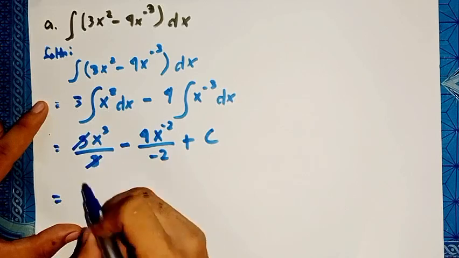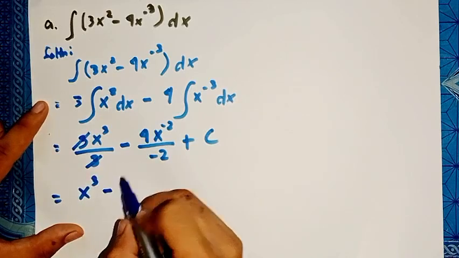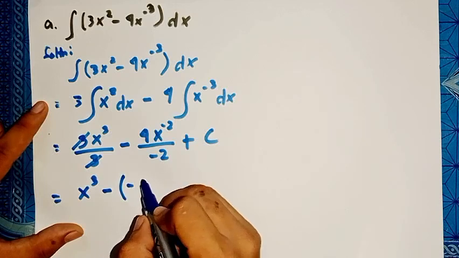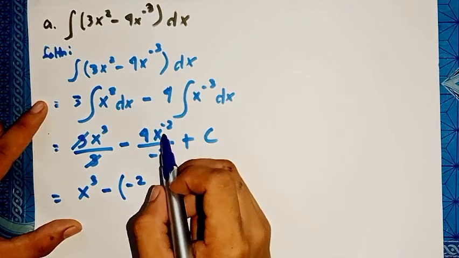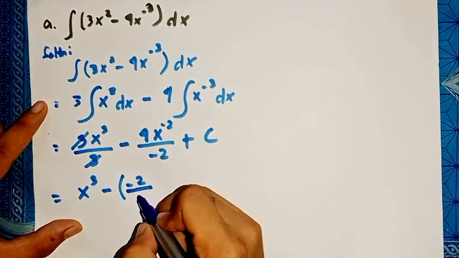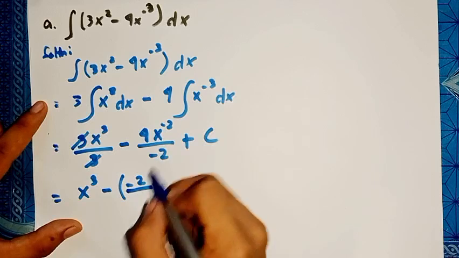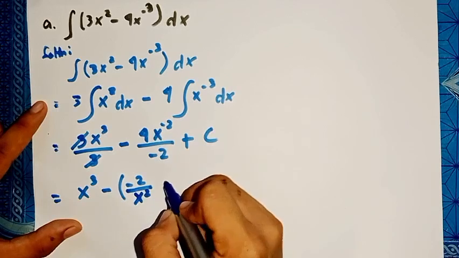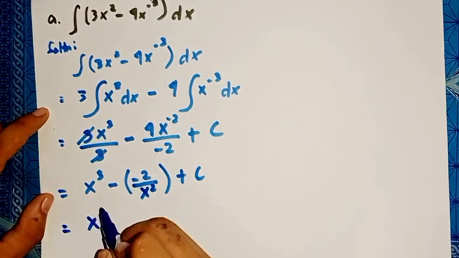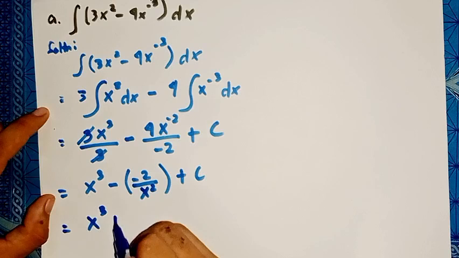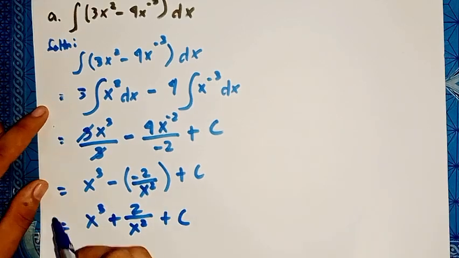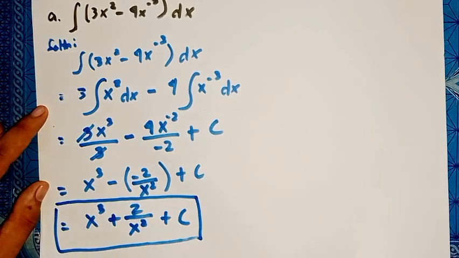We have 3 over 3, x cubed, minus 4 over negative 2, since x has an exponent of negative 2. Let's put this in the denominator, so this becomes x squared, plus c. Therefore, x cubed, negative times negative is positive, 2x squared plus c. This is now our final answer.